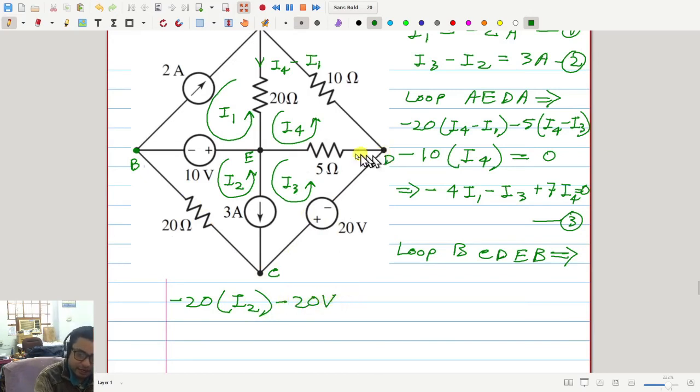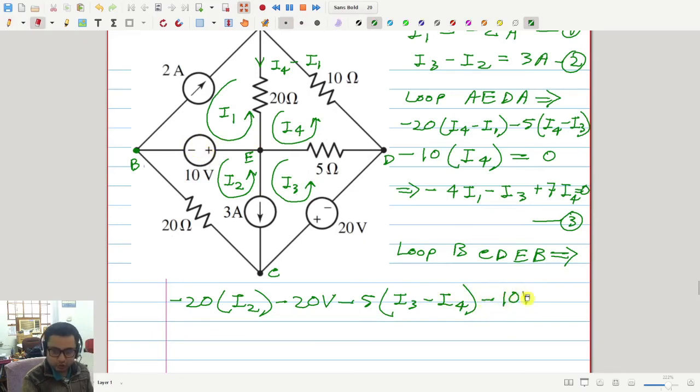Then across this 5 ohm resistance, there will be a voltage drop of minus 5 multiplied by (I3 minus I4). Then across this 10 volt voltage source, we have another drop of 10 volt. So they all together should be equal to 0.